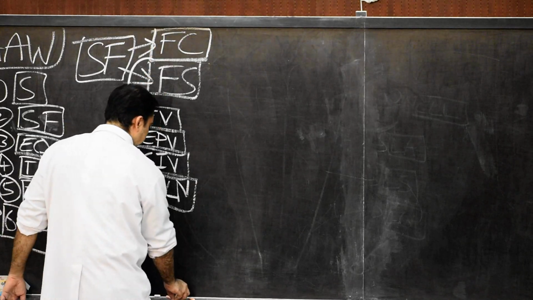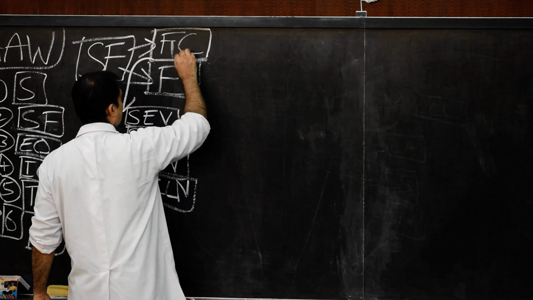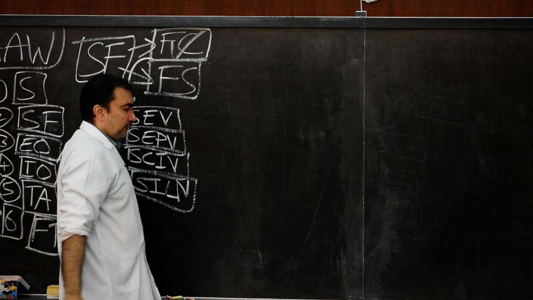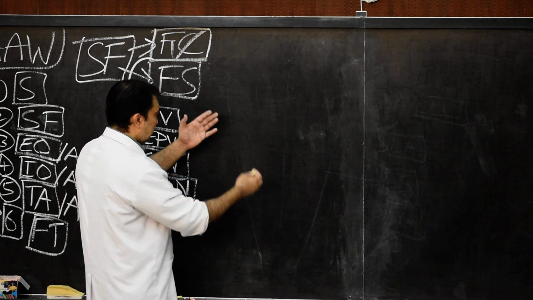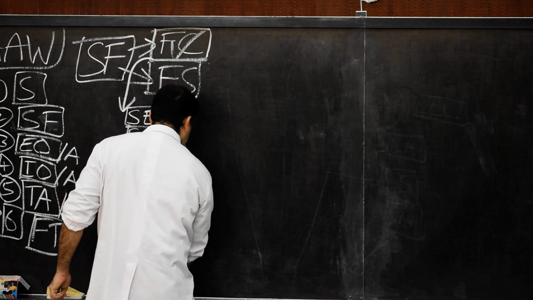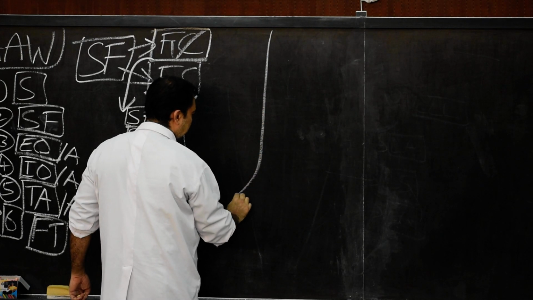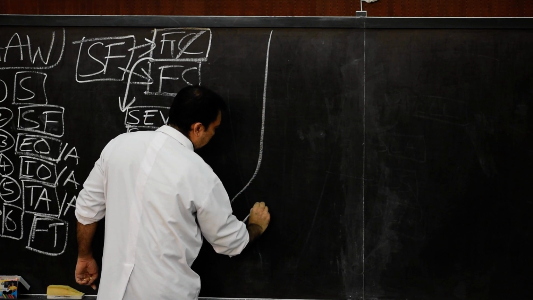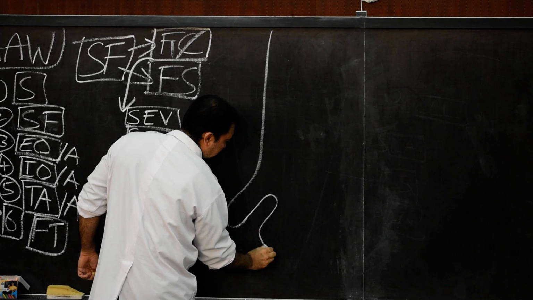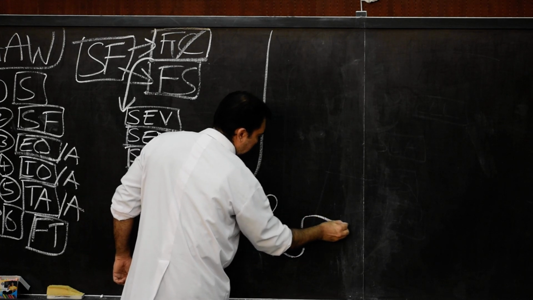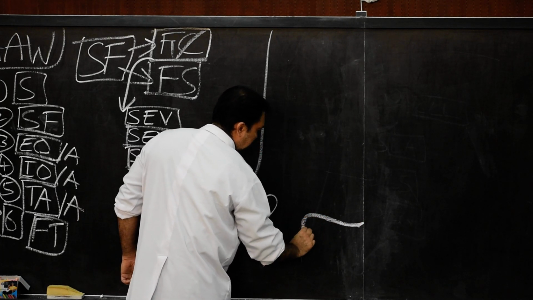If the fascia of Camper is taken, and I draw the sagittal section, simply we show that this is the anterior abdominal wall, and this is the penile portion. Here this is the scrotum, and over here this will continue as the perineum.